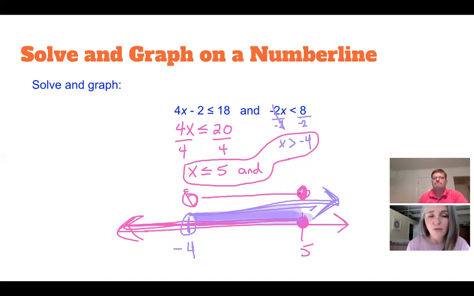It is greater than -4. What about -4? Hey, -4 is okay by me. I'm not okay now, because -4 is not greater than -4. It's equal to it. So that open circle is really important there, because it's telling you that it's not included in this solution set.